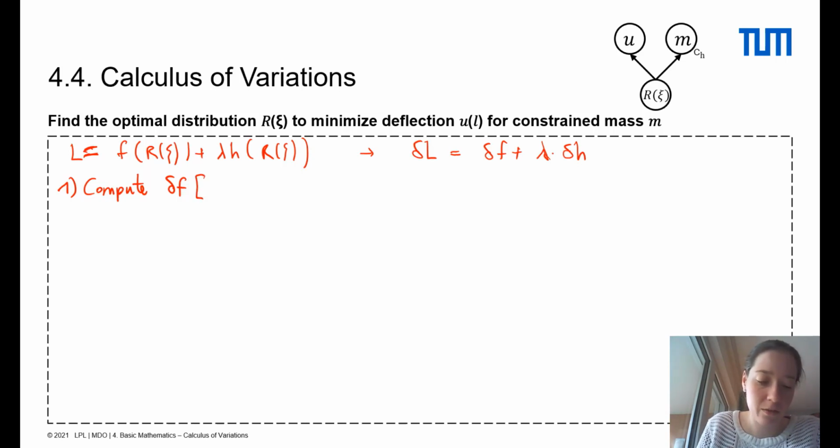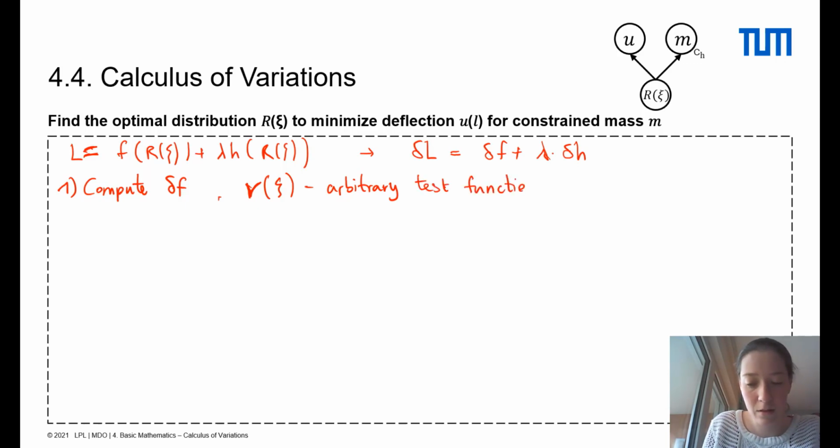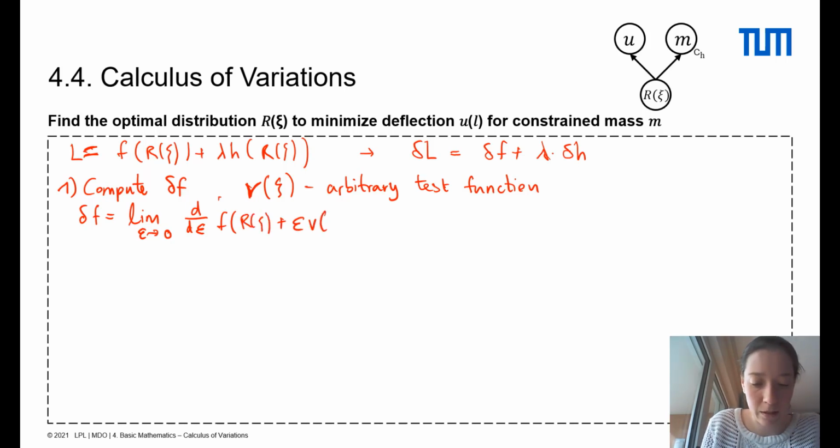So we introduce those arbitrary test functions phi of xi and we have delta f is the limit of epsilon going to 0 of d over d epsilon of f of r of xi plus epsilon times v of xi.